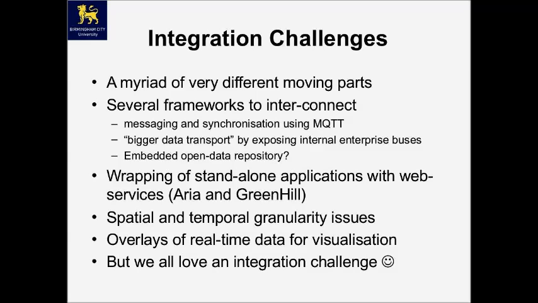The way we're handling this is the messaging and synchronization between things is being handled using an open standard called MQTT, which is a publish-subscribe architecture, so that a model which is running will publish its data when it's finished, and then the message broker can actually send to other tools subscribing to those data feeds a message to say, hey, model A has finished and new data is available.